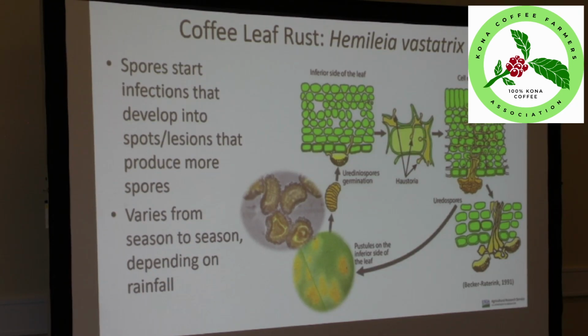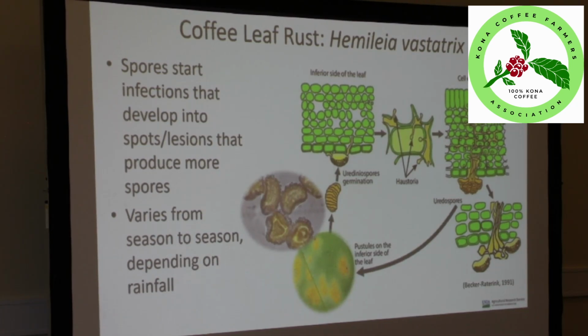Then they tap into the leaf tissue with specialized structures called haustoria, which are like feeding structures. They don't kill the tissue right away. They feed off it for quite some time and produce mycelium within the leaf, and then germinate back out to produce more spores on the underside of the leaf. That is what you're seeing, that powdery yellow spore production.